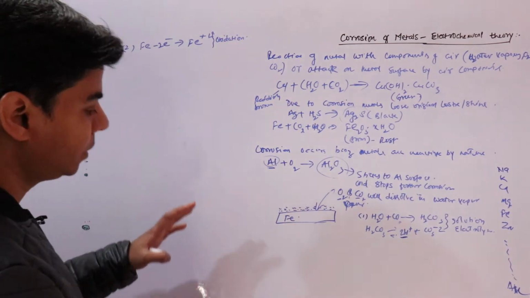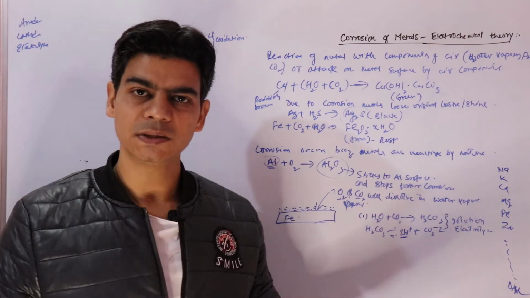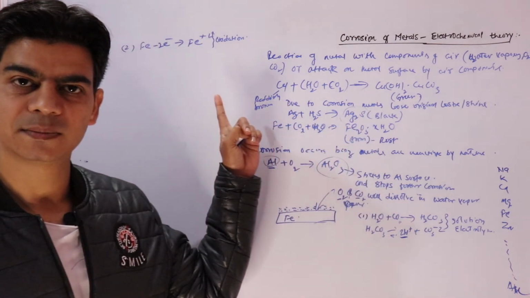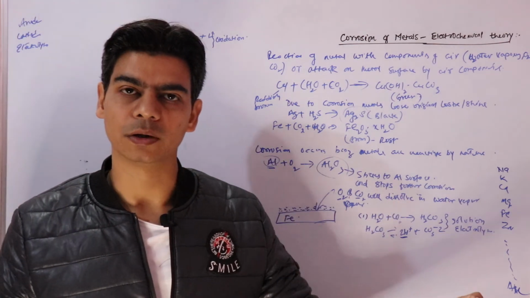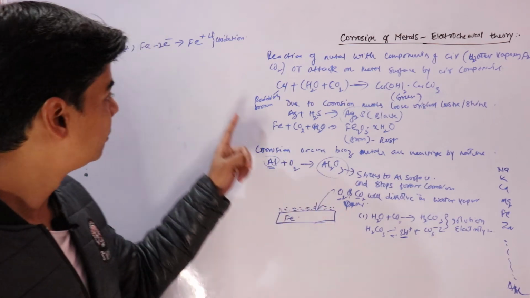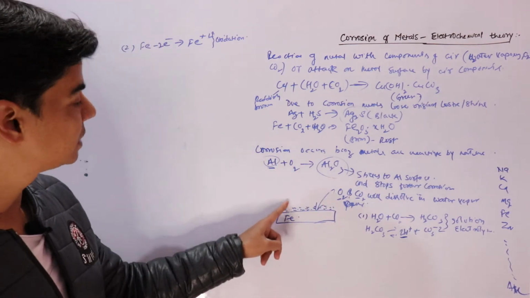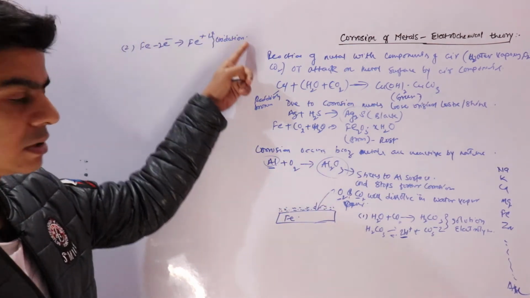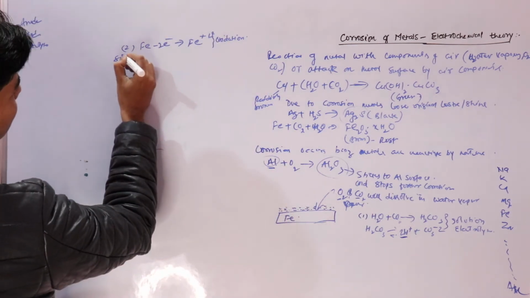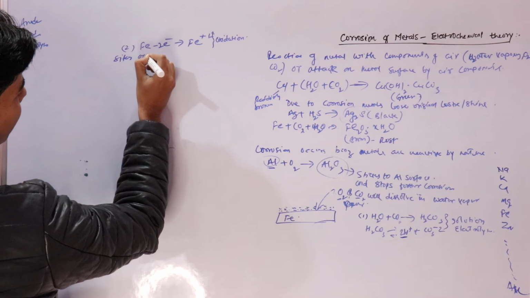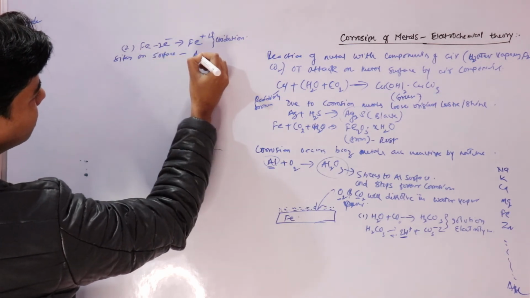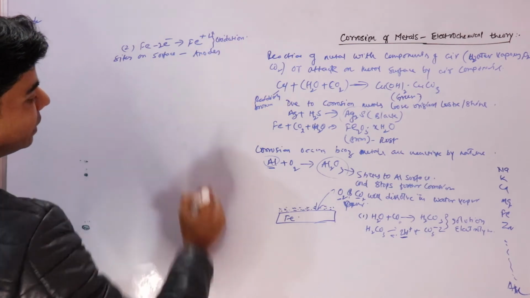And we know that in electrochemical reactions, the site where oxidation takes place is known as the anode, right? So on this surface of iron, the sites or the places where this reaction will take place are known as anodes.